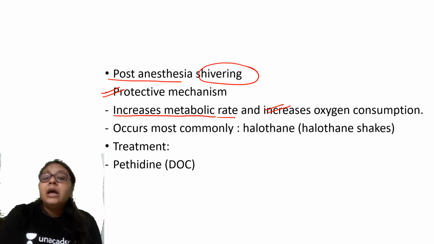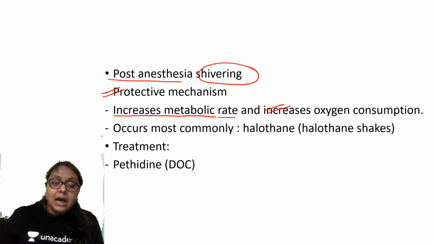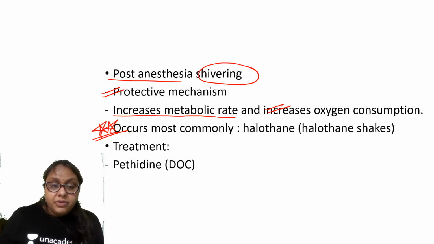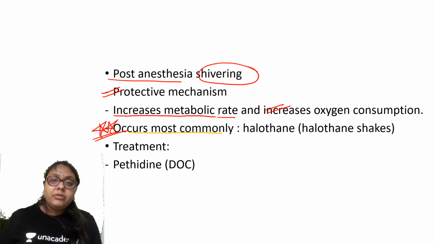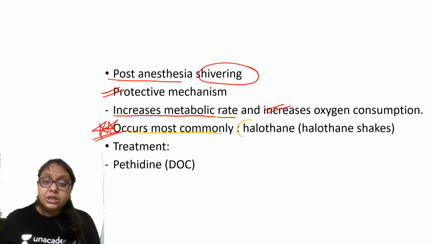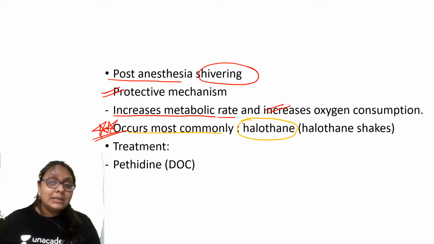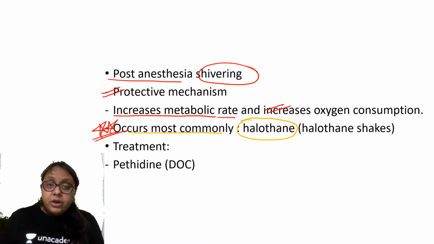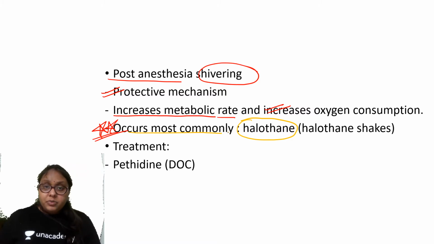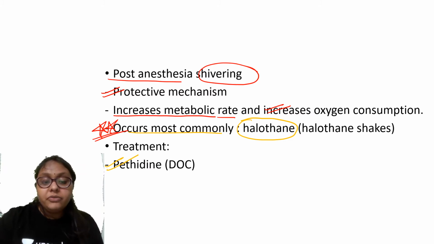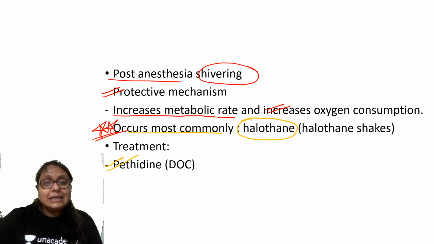And a question that is asked: post-operative shivering occurs most commonly, remember, with the inhalational agent halothane, and that is known as halothane shakes. The drug of choice for the treatment of post-operative shivering is pethidine, remember.